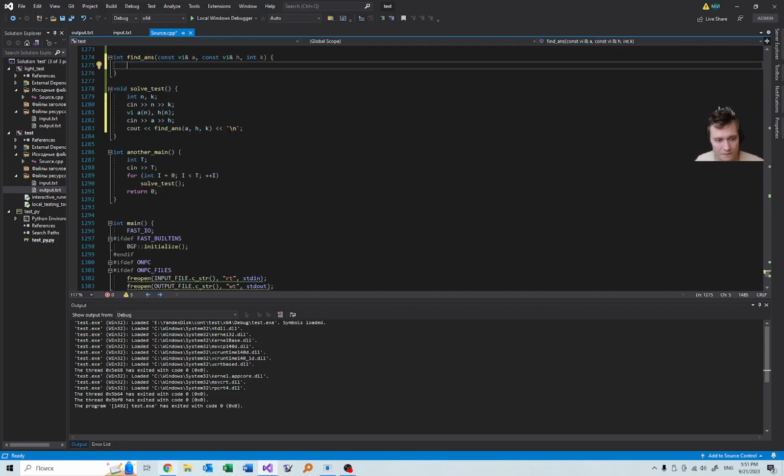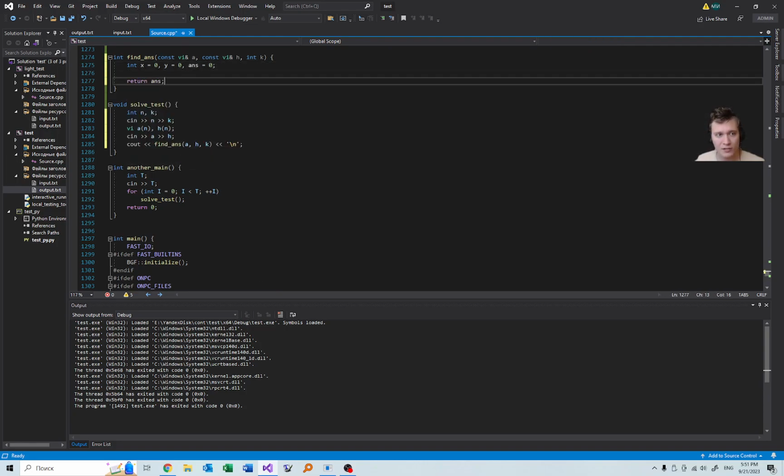So we have the biggest, we have actually the current segment. And in the end, we return ans. So what do we do? We go through all the elements.